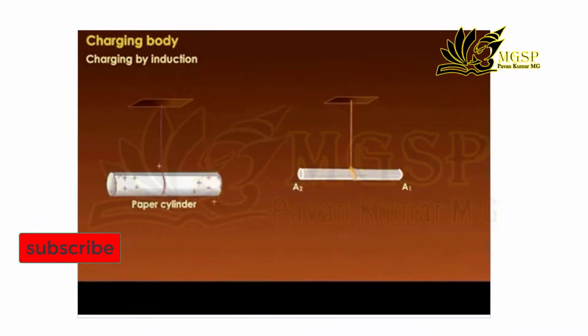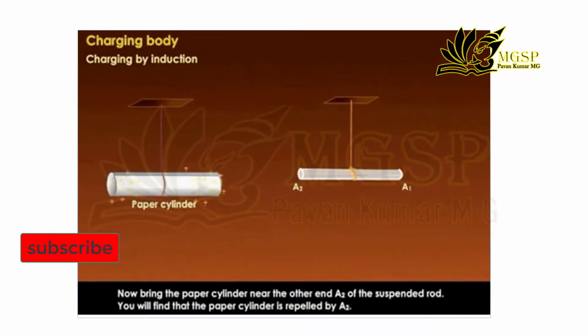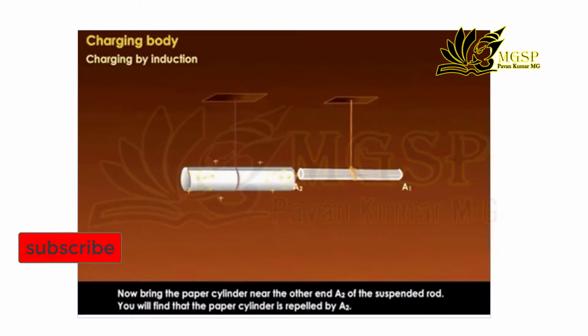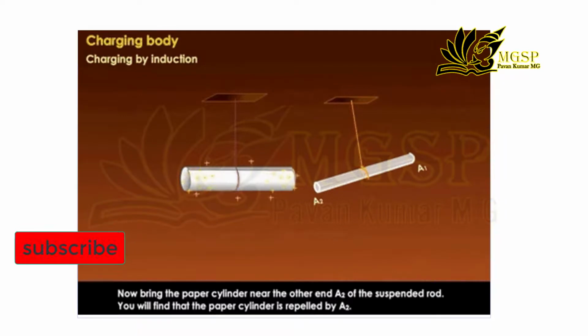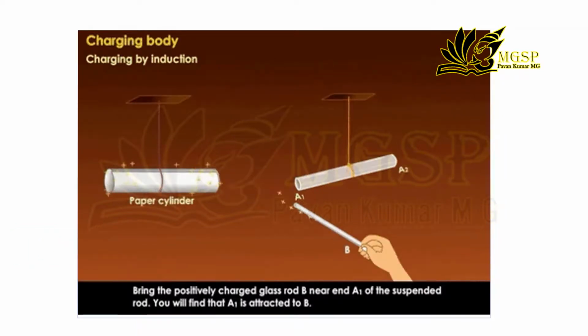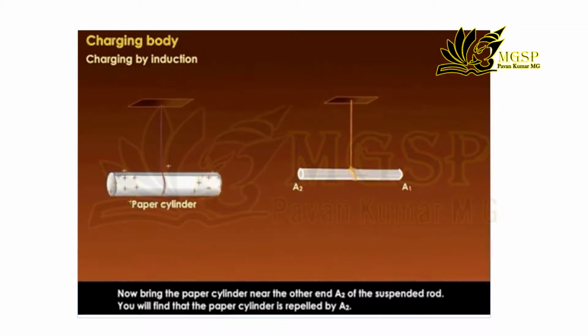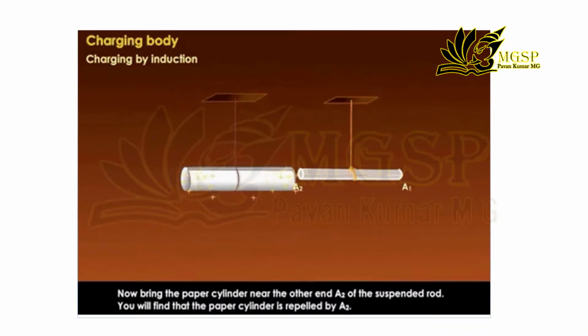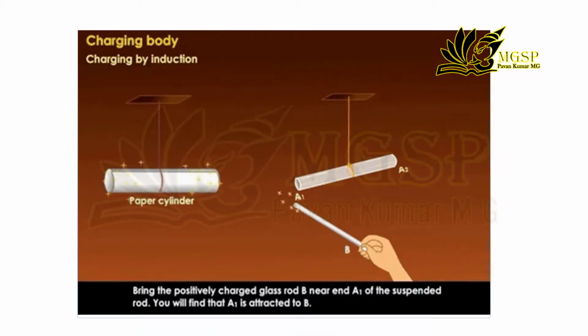You can see the video once again. When a beam of positive charge is made to contact A2, it gets positively charged. Now the cylinder paper with positive charge is brought to contact A2, and it repels because like charges repel each other.